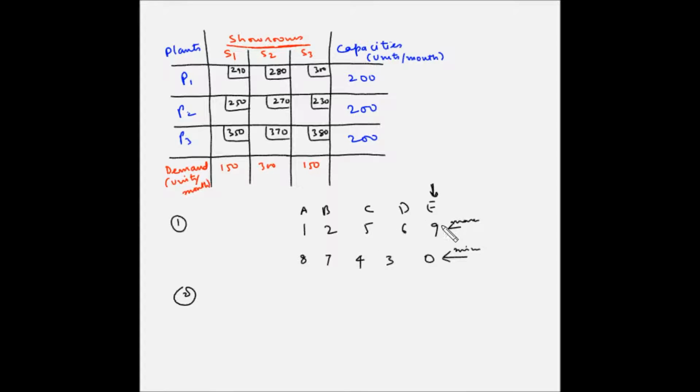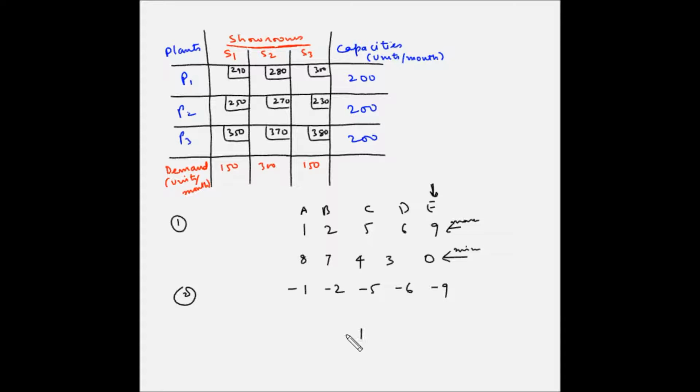Now again, we want to convert this into a minimization problem and at the same time get the answer as E. So if we multiply all these numbers by minus 1, then what will we get? We will get minus 1, minus 2, minus 5, minus 6, and minus 9.